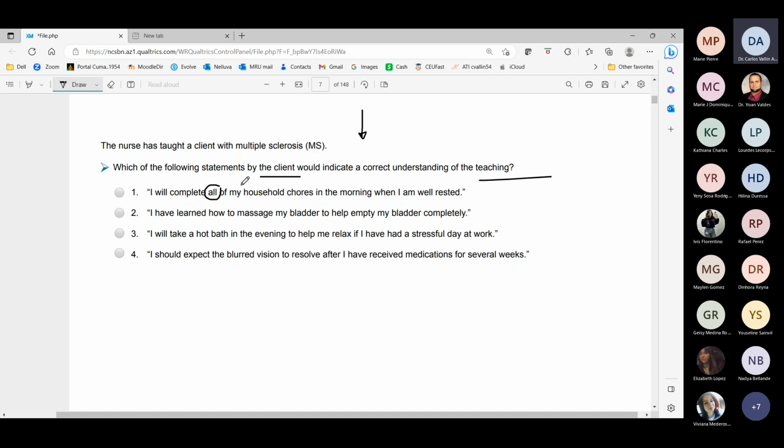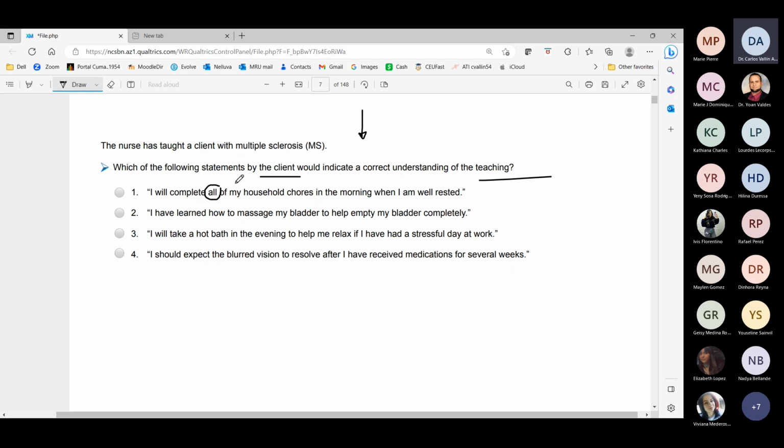So if you need to wash your clothes and dry your clothes and fold your clothes and clean the house and take the children to school and make the lunch and the dinner, and everything compacted in the morning because you wake up well rested.